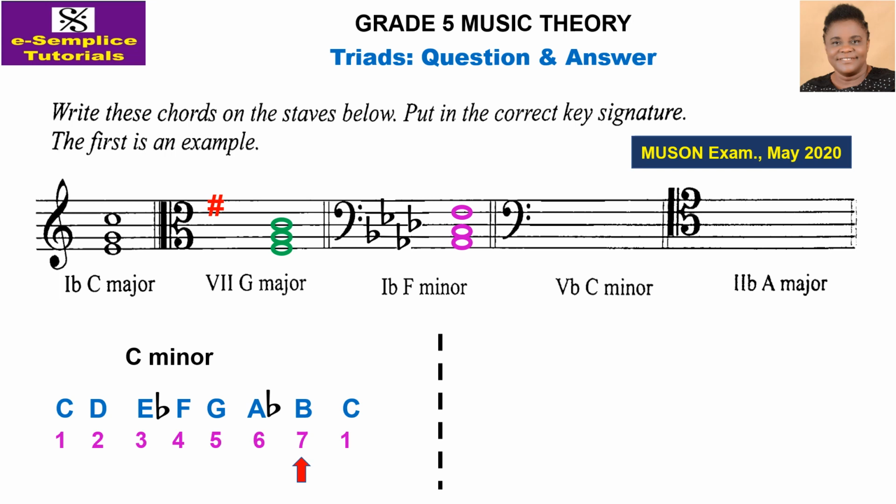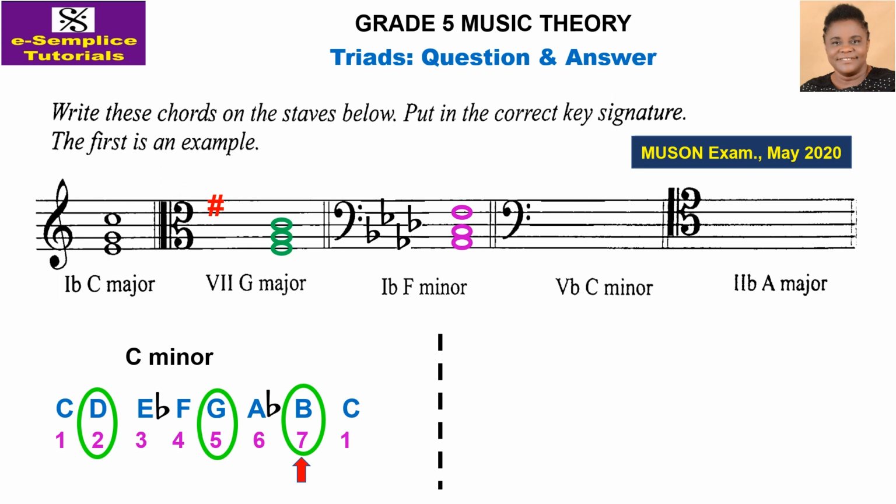Our chord is chord 5. That means G, B, and the supertonic. We are looking for the first inversion.